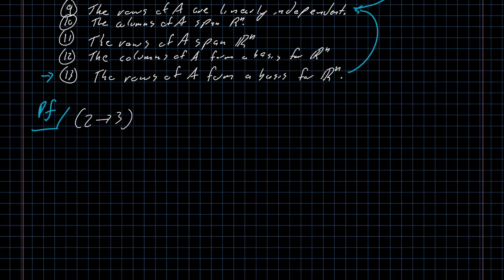All right. So if I want to prove that 2 implies 3, if A is invertible, then AX equals B has a unique solution. Let's assume that A inverse exists. Then AX equals B. I can multiply on both sides by A inverse.